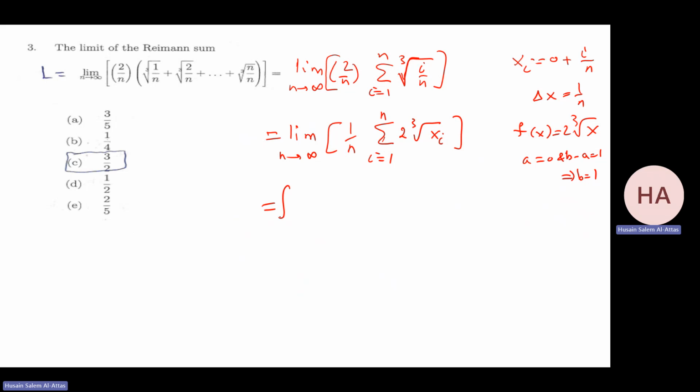So this one, the integral from 0 to 1 of 2 x to the power 1 over 3. Do the integration, that will be 2 times 3 over 4, x to the power 4 over 3, from 0 to 1. This is 1, this is 2, so that will be 3 over 2, which is this.